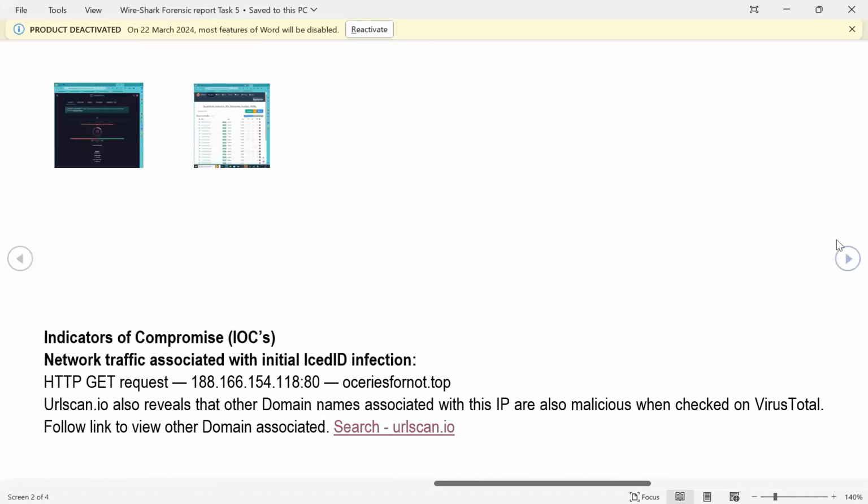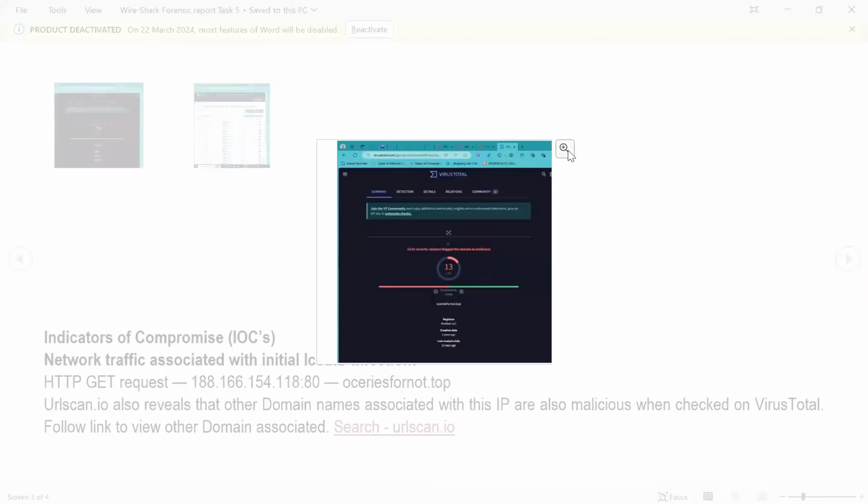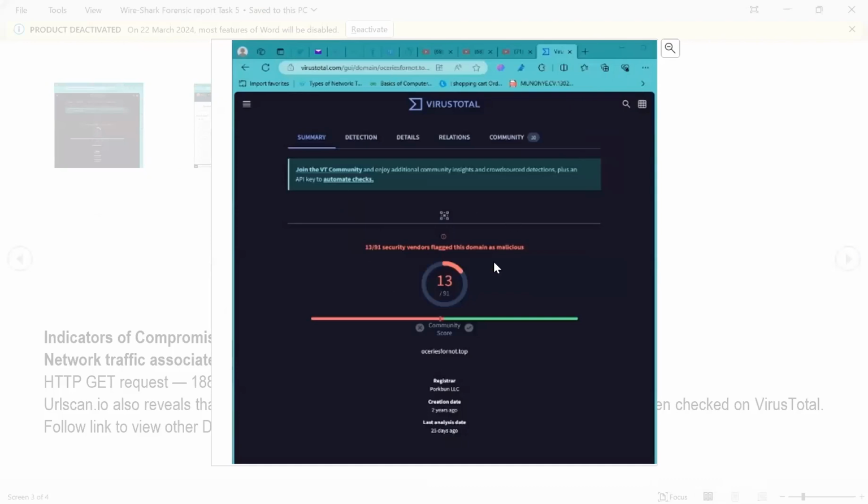So next, this is another screenshot. Okay, that's the one that highlighted the 13 out of 91 security vendors that flagged the domain as malicious. As you can see, when you go in, you will see the summary detection tab.